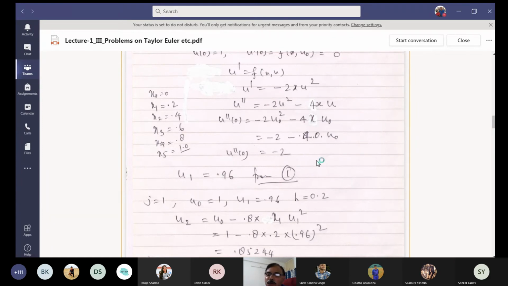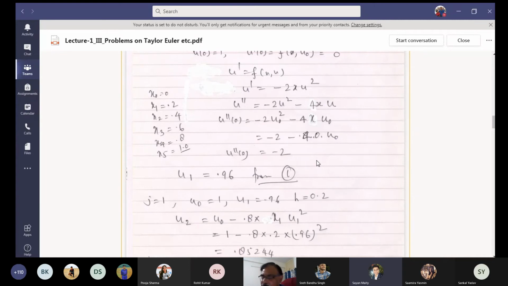So you take u1 as 0.96. Or else you can put the value in u(x) equal to 1 upon 1 plus x square and see whether it is closer to that or not. There are two ways. Sir, the exact is coming as 0.86 and by this method it's 0.84.